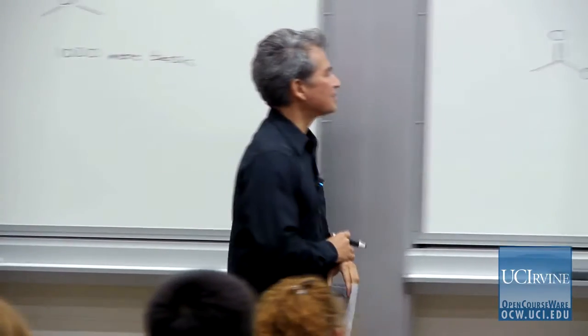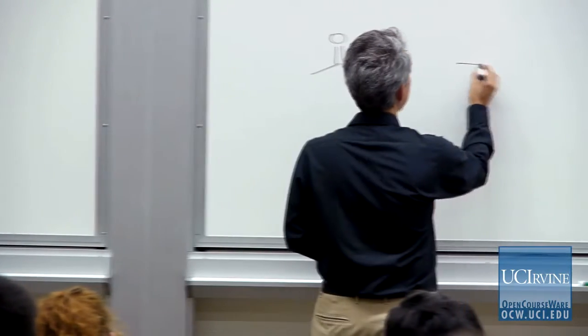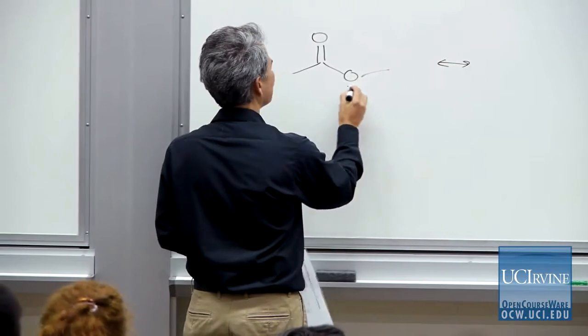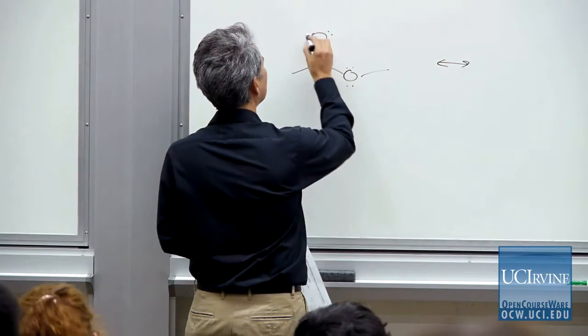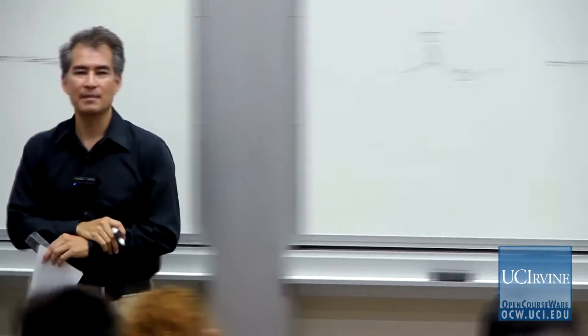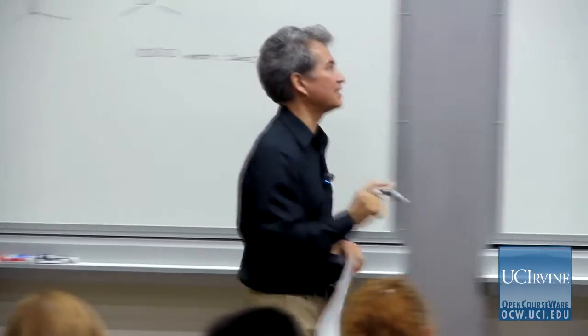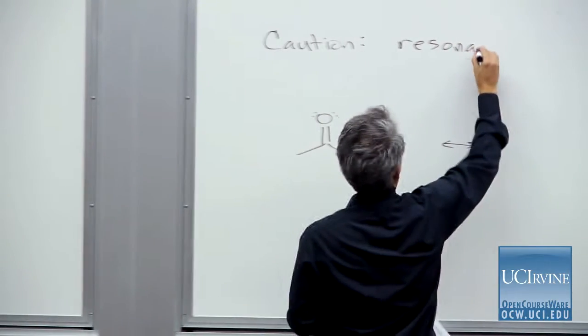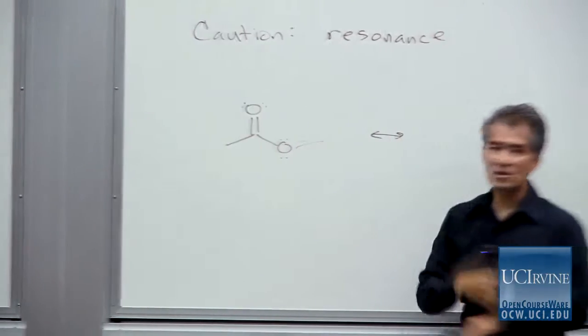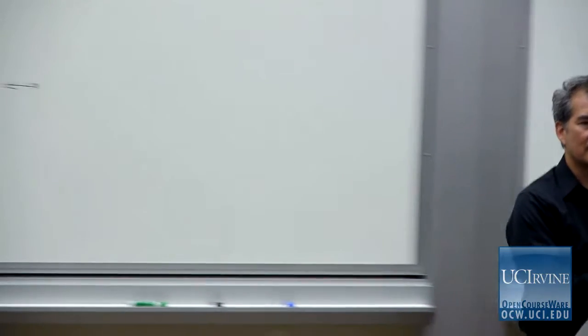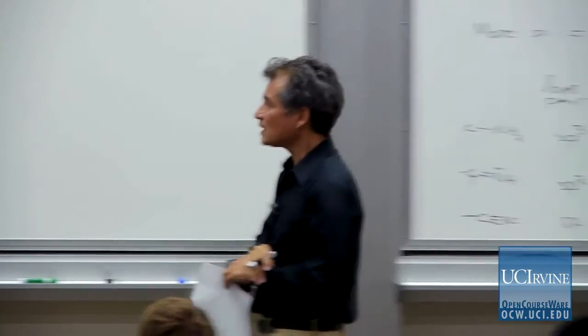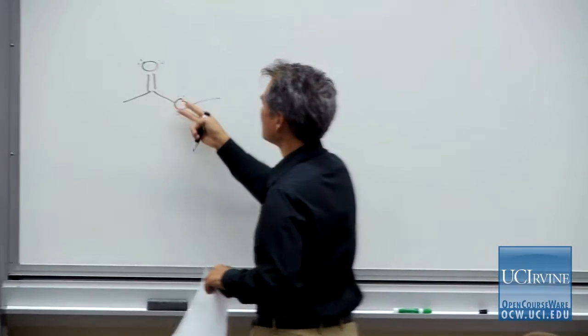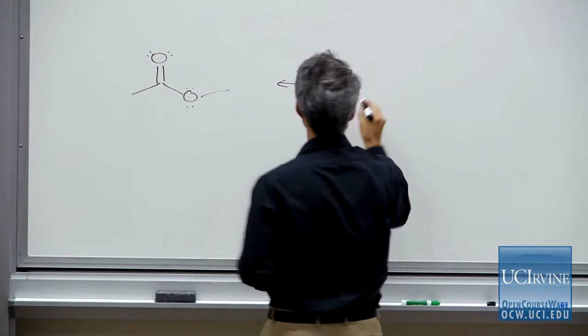Now, why is that? The only way to understand that is by truly understanding the structure and geometry of this molecule. In order to understand the geometry and the hybridization, we need to remember that there's resonance. And resonance is going to influence our picture because it tells us about the hybridization. The true structure of this molecule really has partial double bond character between this carboxyl oxygen and the carbonyl oxygen.